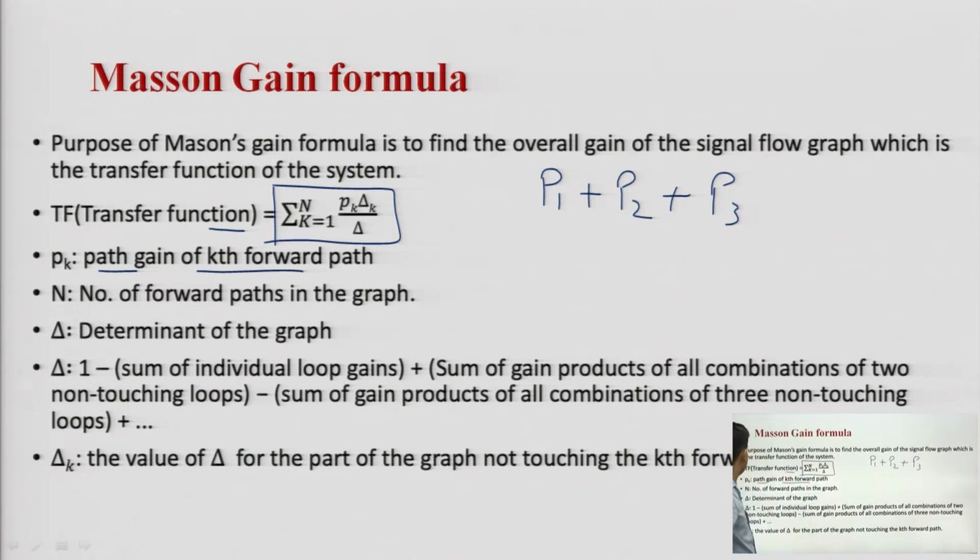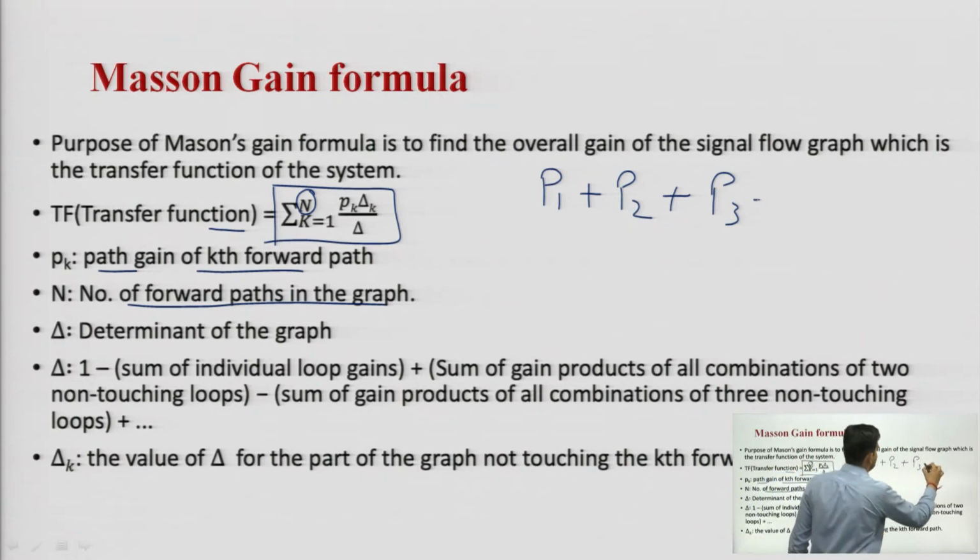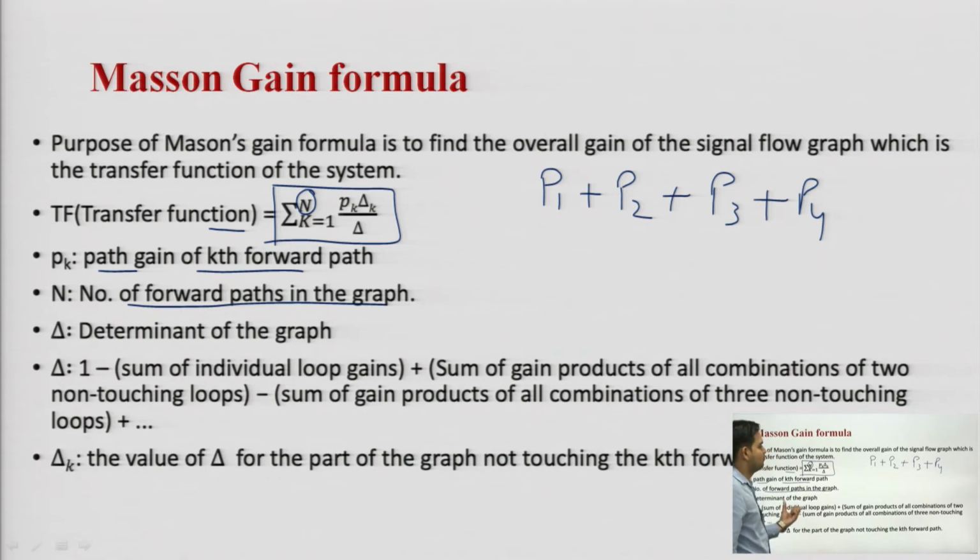And what is n? N tells you the number of forward paths. So that many times you have to add P1, P2, P3. Suppose n is 4, so I have to add 4 forward paths, that is P1, P2, P3, P4. This will become clearer when we do the numericals.